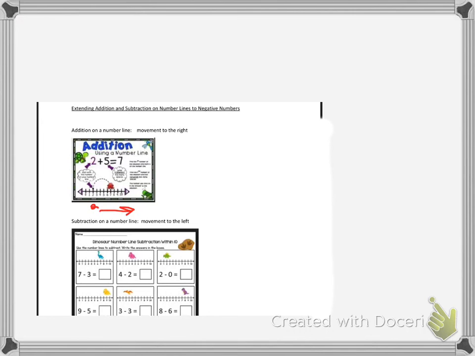Now, another thing about a number line, it's a nice bridge to start talking about not always counting up by 1. Like, what if you were going to count by 2s? How would that look? Well, you can still start with 0, but you're going to be having these increments instead. Because many times when I have my students graph things, they are so fixated on they have to go up by 1.